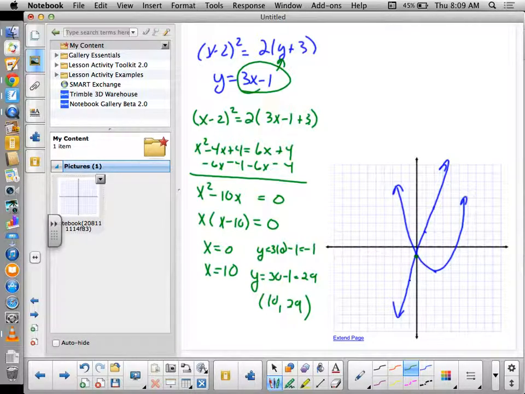Not foiling this out, right? This is x squared minus 4x plus 4, not x squared plus 4, or x squared minus 4. Not remembering to foil out binomials that are being squared has been an ongoing issue. Or just simple arithmetic mistakes in here as well. So, 2 points of intersection there.